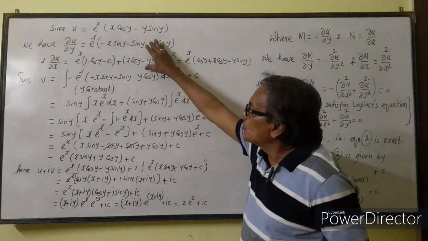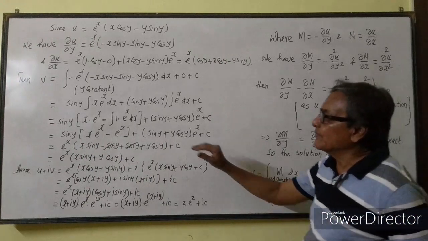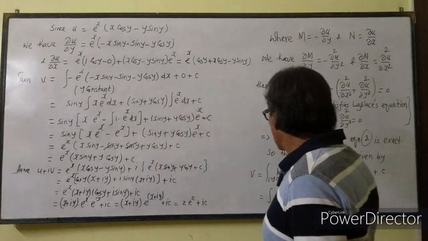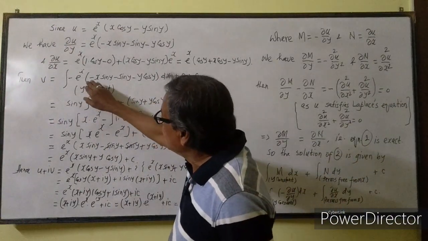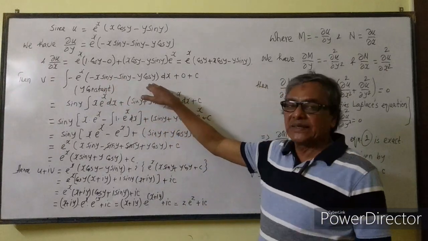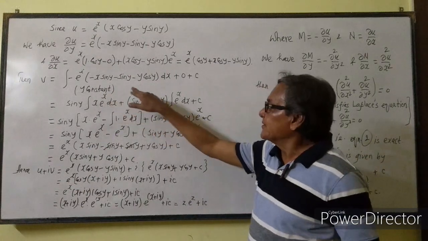Now we put these two values in this equation. So we have v equal to integral of minus del u del y dx, it will be minus e to the power x (minus x sin y minus sin y minus y cos y) dx, y constant.